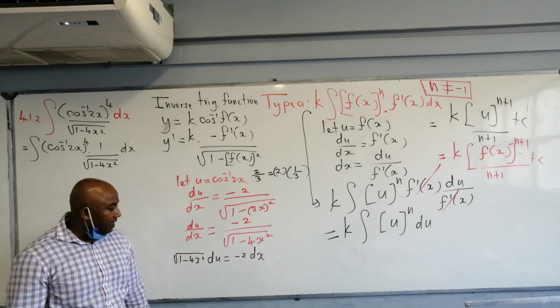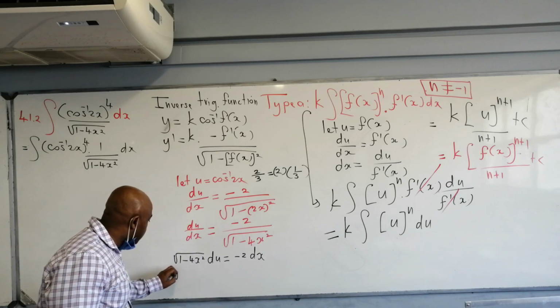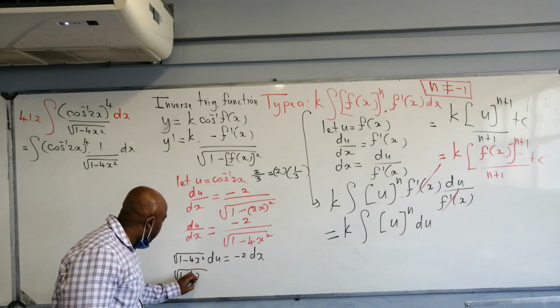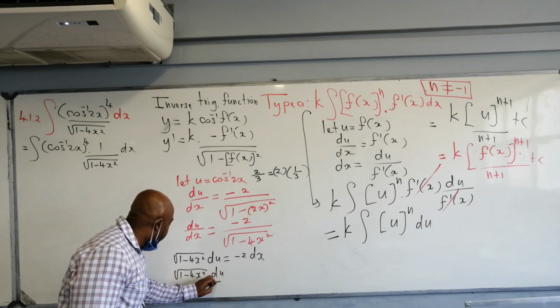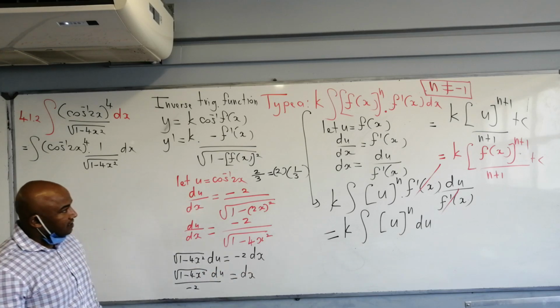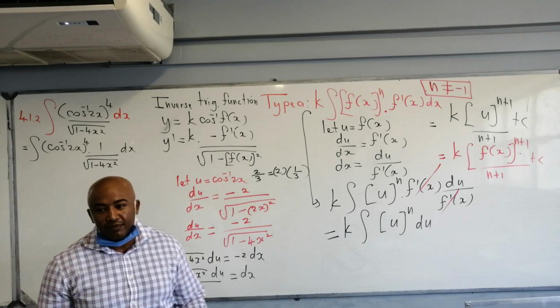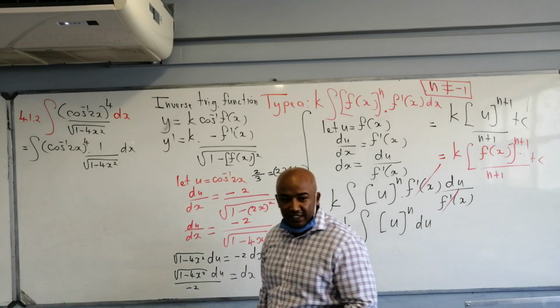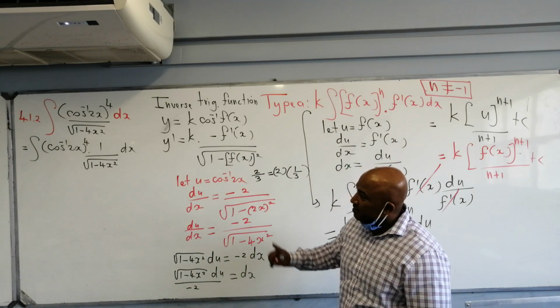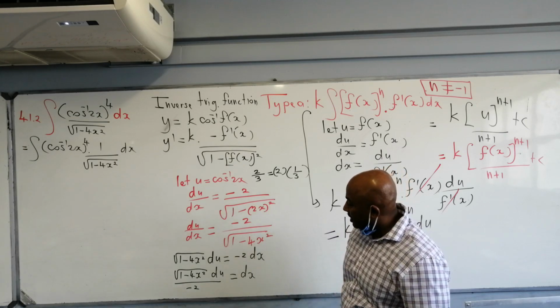That is cross multiplying. I need to make dx the subject of the formula. So the square root of 1 minus 4x squared du divided by minus 2 is equal to dx. As you can see, differentiation is the foundation of integration. If you don't know differentiation, you won't be able to do anything. You must know differentiation properly.